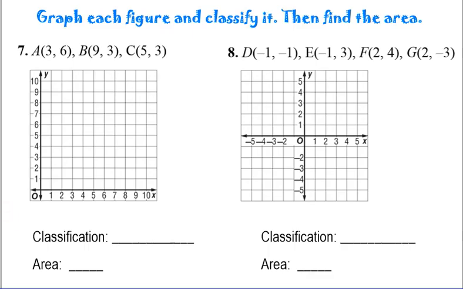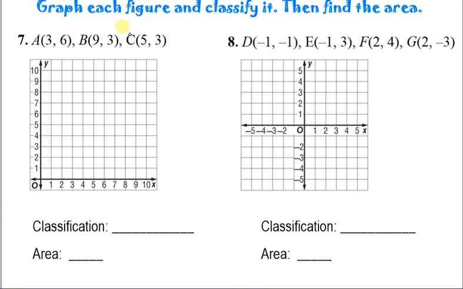So, let's do these two. Graph each figure, so it's not telling us what it is, and classify it. That means tell me what shape it is. Then find the area. Okay? So here we're going to do 3, 6, 9, 3, and 5, 3.